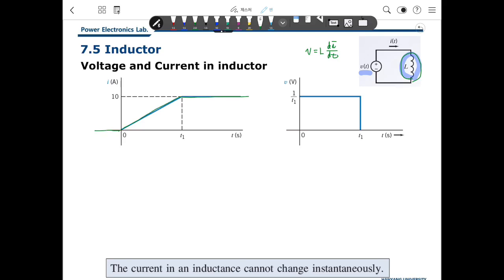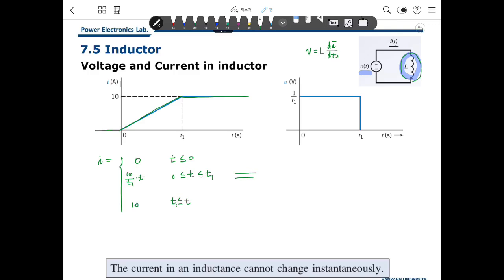Then i is 0 when t is smaller than 0, when t is from 0 to t1 it rises linearly, and when t is higher than t1 it stays at 10.